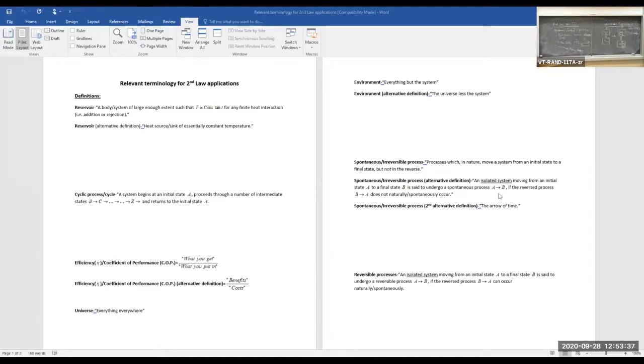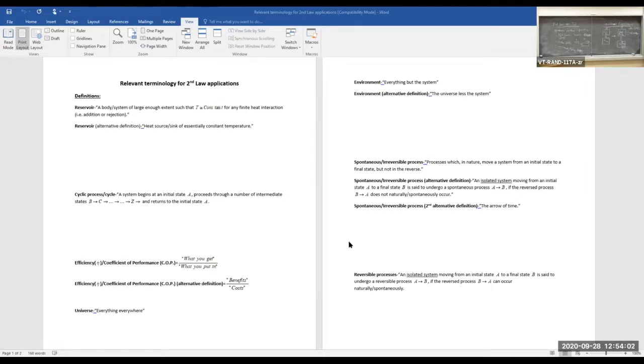Another way of describing a spontaneous process is referring to the arrow of time, the direction of time. The three processes that we just talked about: heat transfer across a finite delta T, unrestrained expansion, and processes involving friction. They occur in one direction only over time in the real world.